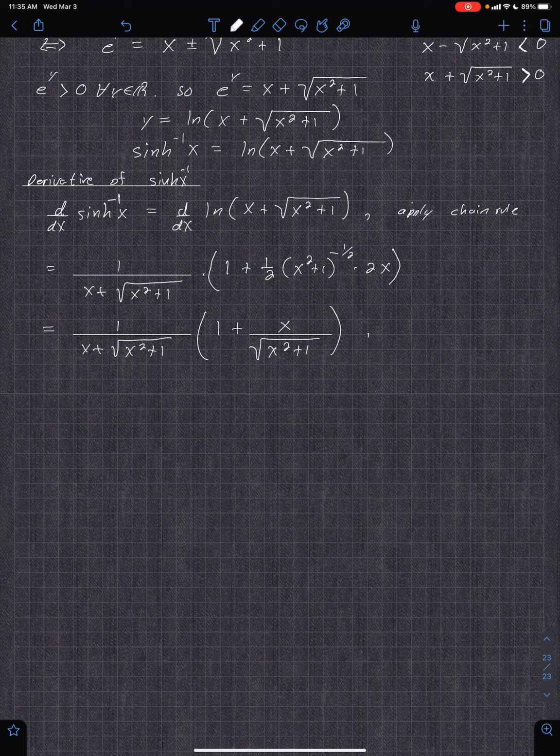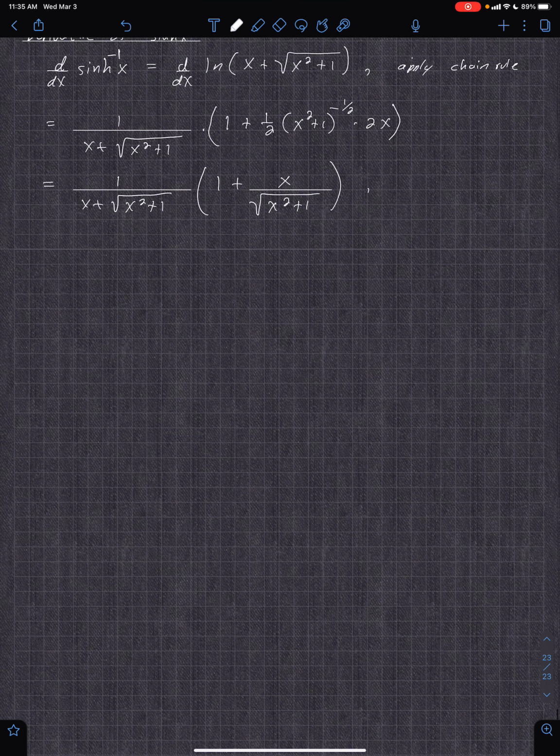So we add these together first, and we get this is equal to all of the first one. So it's 1 over x plus the square root of x squared plus 1. And then this will be x, sorry.